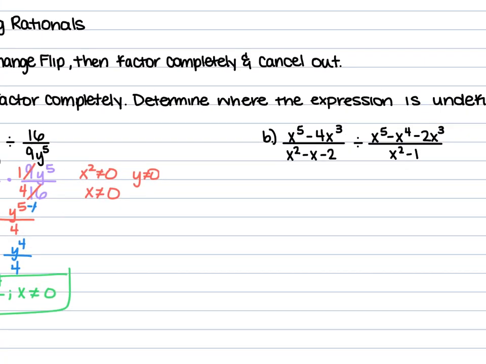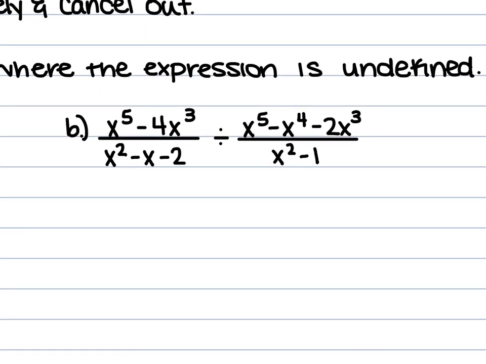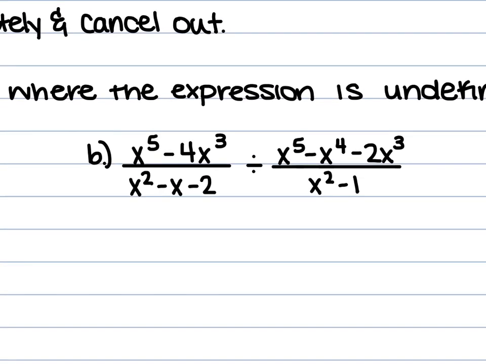If we look at our next example, B, we have (x to the fifth minus 4x cubed) over (x squared minus x minus 2) divided by (x to the fifth minus x to the fourth minus 2x cubed) over (x squared minus 1). So I want to factor all of this as completely as possible, or I can keep change flip and then factor. If I start factoring, I'm going to factor out an x cubed, and this is going to be x squared minus 4.